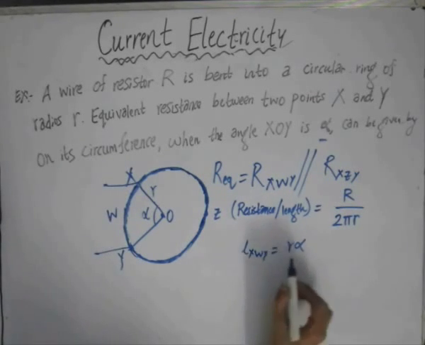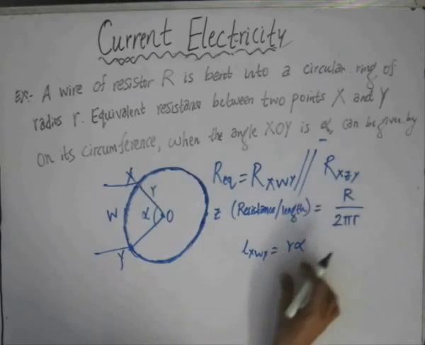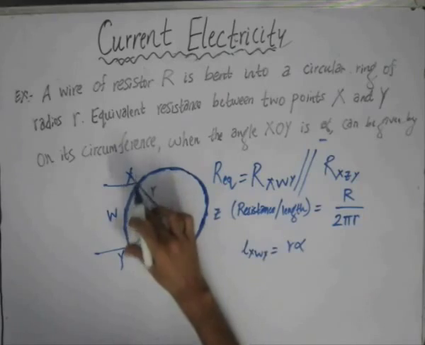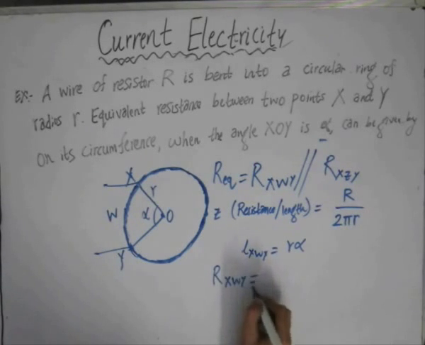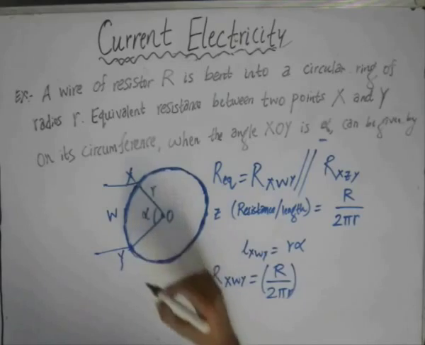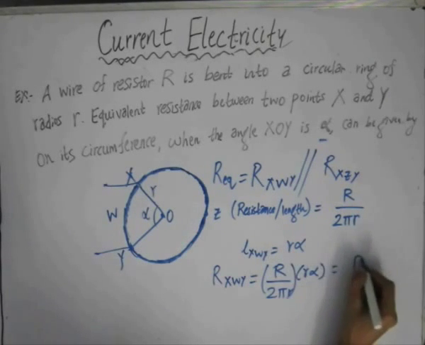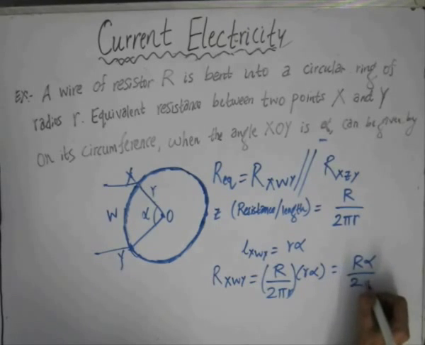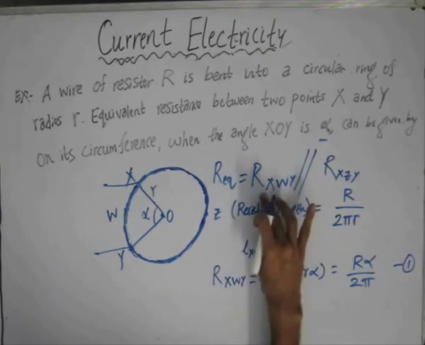So the new resistance would be the resistance per unit length multiplied by the length of the wire XWY. So RXWY is R divided by 2 pi r times r alpha, which equals R alpha upon 2 pi. This is equation number 1. This is the resistance of the first part.